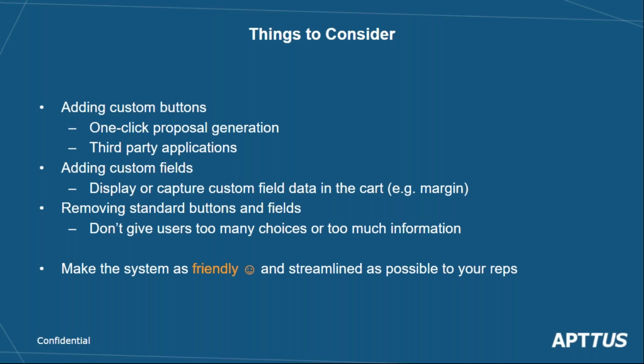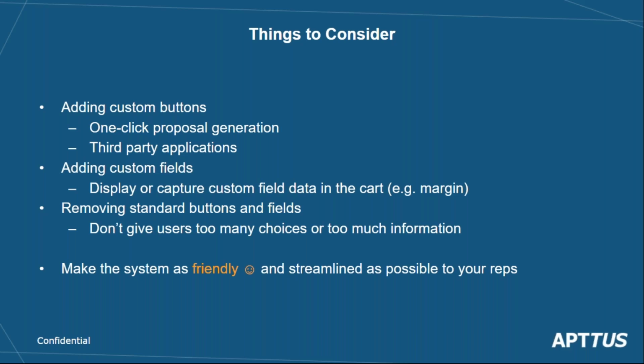Then we can also remove the standard buttons and fields, because Aptus just created them in case they are useful for the implementation. But if they are not useful and if they are confusing, we just don't want to give too many choices or too much information to the users. So we can remove this.